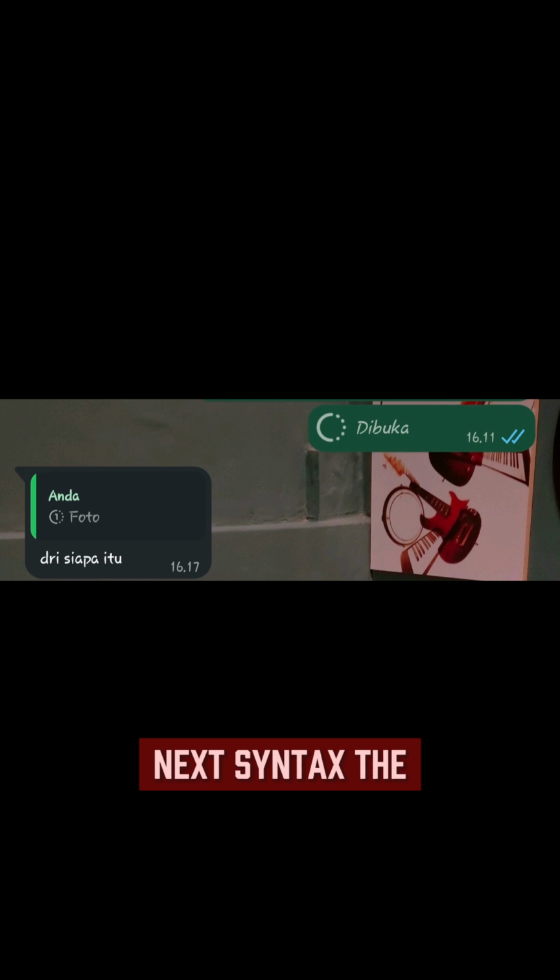Next, syntax, the study of sentence rules. In casual chat, we often ignore formal structure. The sentence dari siapa itu is an example of ellipsis, or omission of elements.